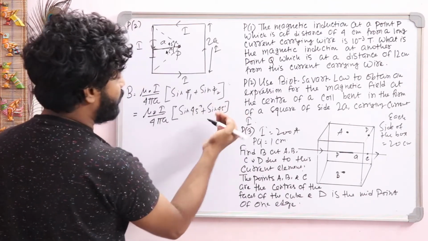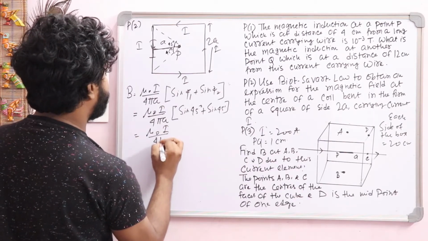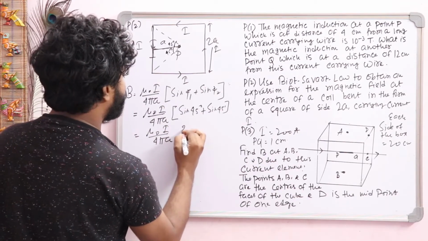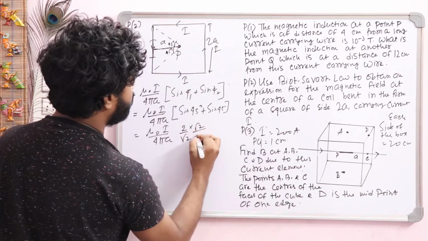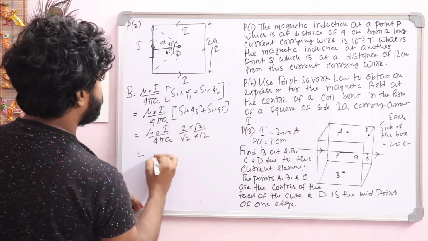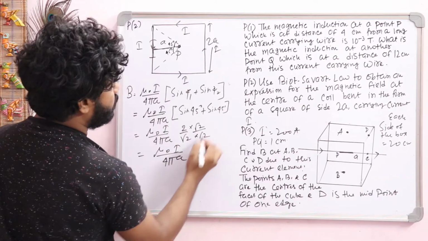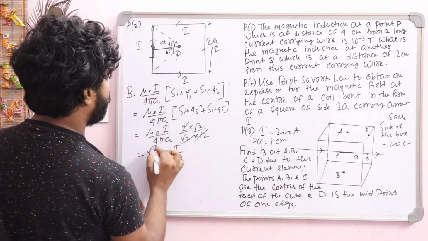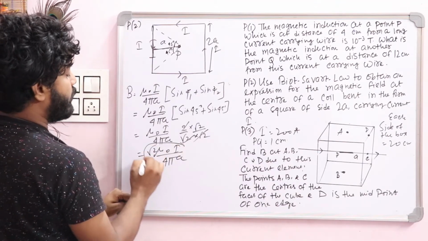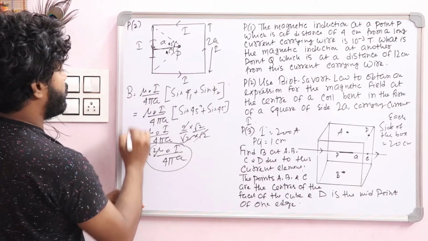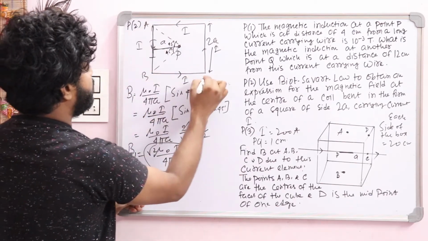Sine 45 is 1 by root 2, so 1 by root 2 plus 1 by root 2 gives mu naught I divided by 4 pi a times 2 by root 2. Now simplify it: 2 by root 2 gives root 2, so this one will be root 2 mu naught I divided by 4 pi a. This is the expression of magnetic field. Suppose this one is named as B1, for this length AB.